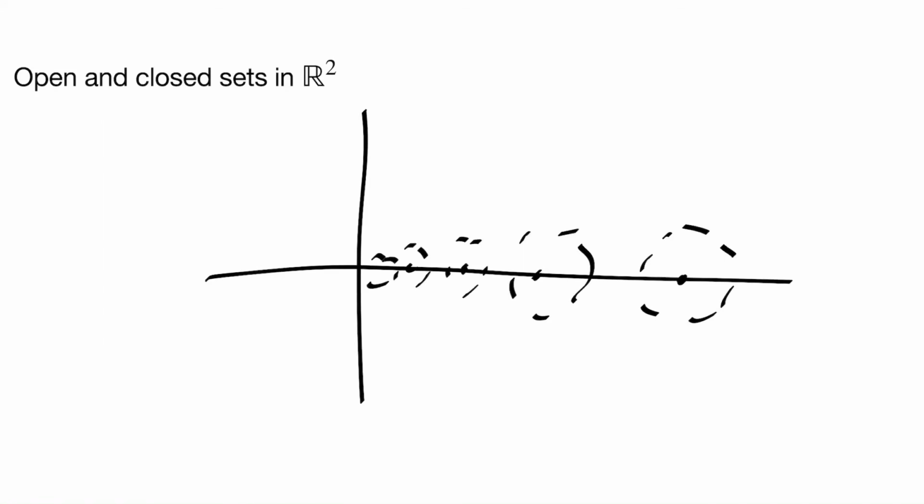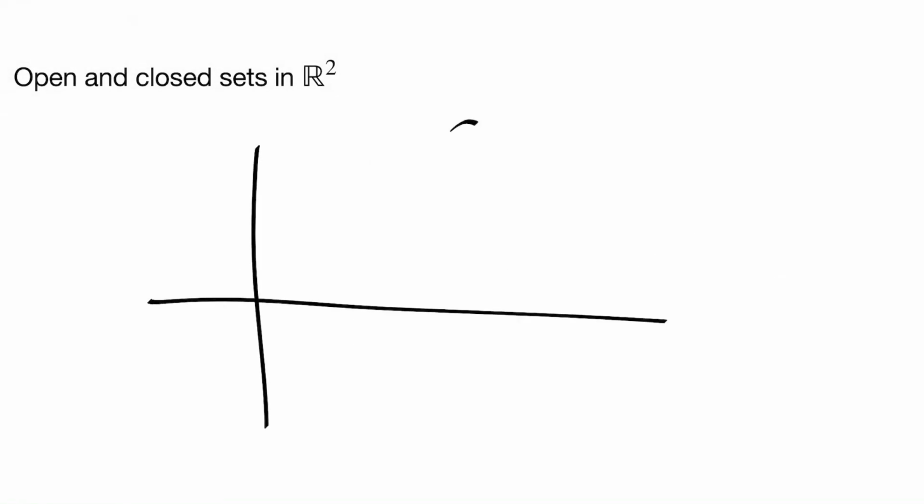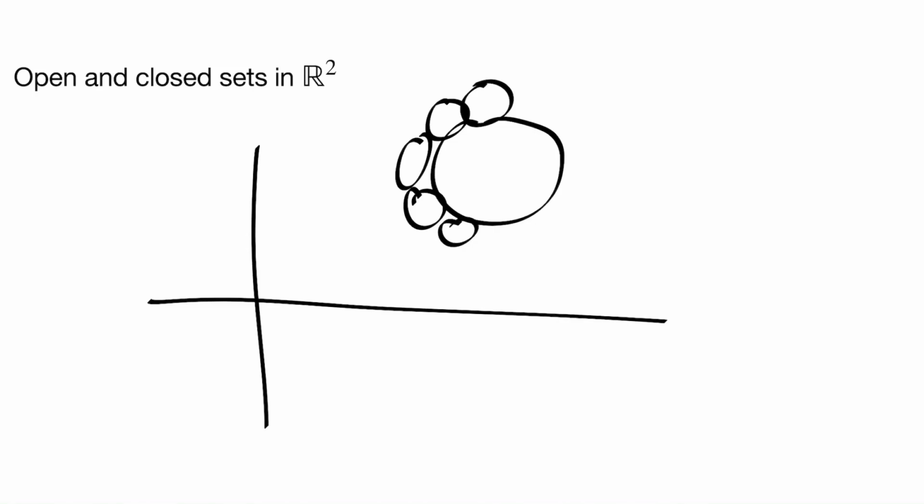What if I just draw an open circle around each of these? What's going to happen there if I combine all those? Is that going to give me something that's open or closed? What if I draw a closed circle, and then around that circle I put a bunch of circles, and then maybe around those circles I put a bunch of circles. Okay, so what's going to happen there? Is that going to be open or closed?